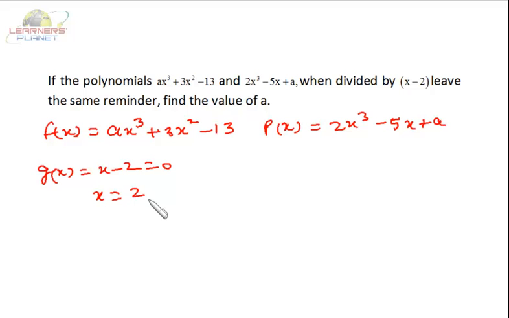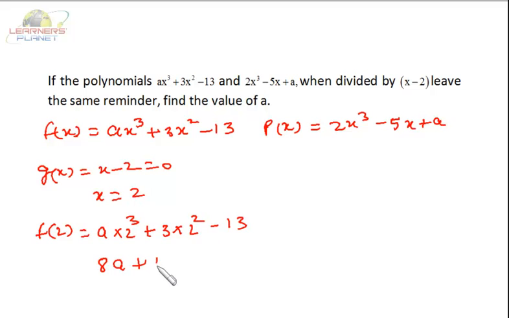That means x is equal to 2. So what we have to calculate is f of 2. So f of 2 is a into 2 cube plus 3 into 2 square minus 13. So it's 8a plus 4 3s are 12 minus 13, or it is 8a minus 1.